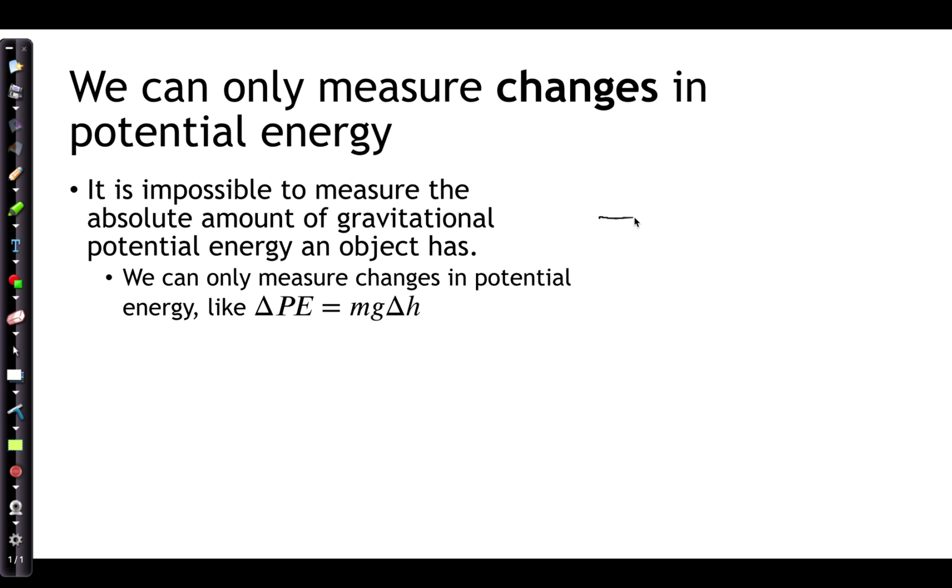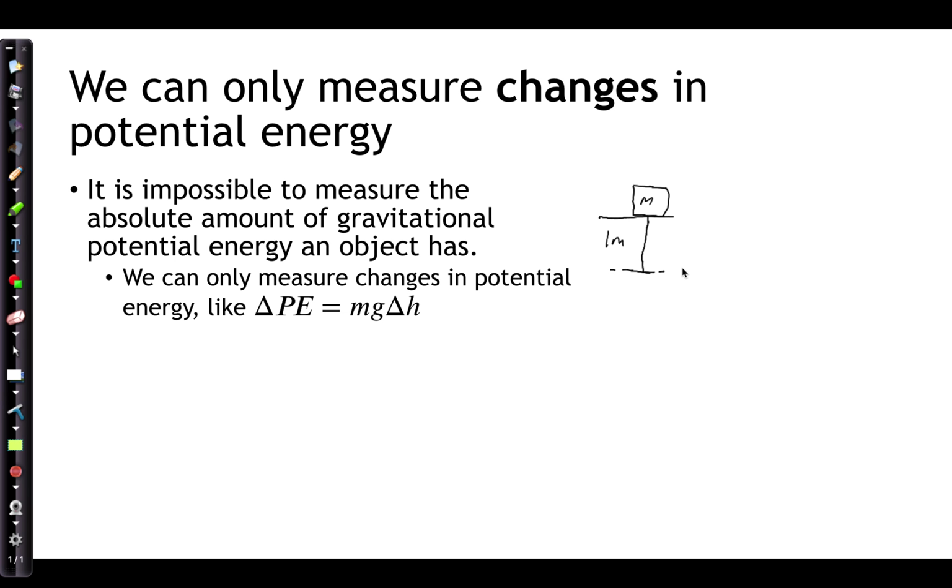So let's imagine this. Why don't we imagine some object here sitting on a table of mass m, and let's just imagine that the table is, I don't know, 1 meter off the ground here, right?